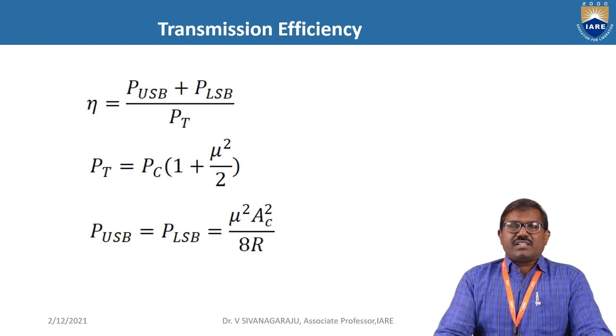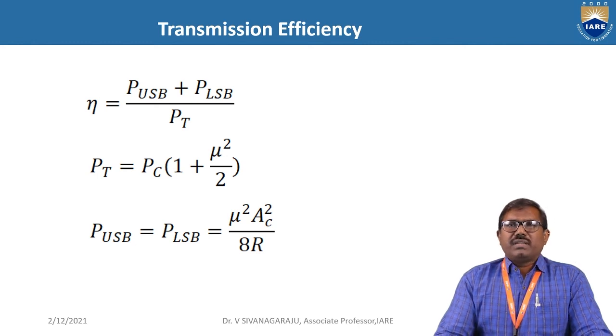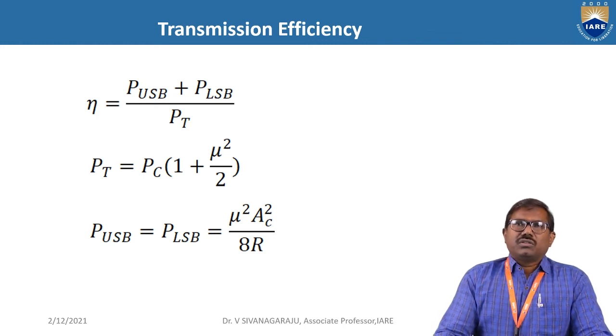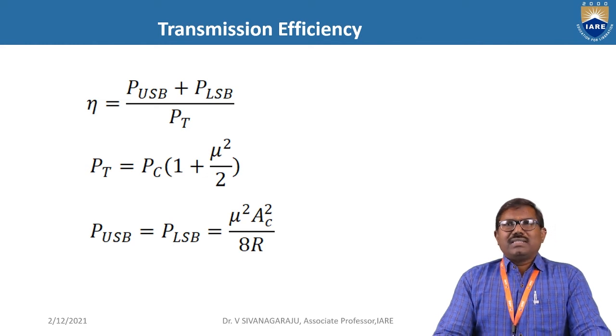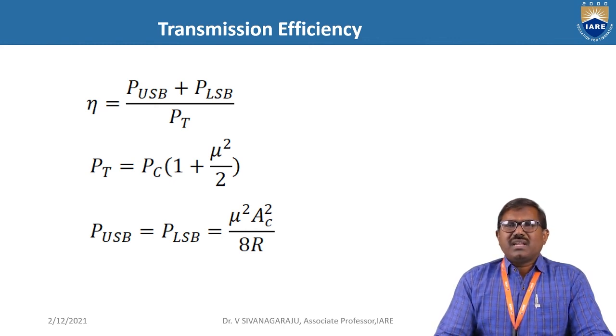Now the transmission efficiency. So eta is equal to power of USB plus power of LSB divided by power of transmitter. That means efficiency takes the total power, adding both sidebands, upper sideband and lower sideband. That is the formula for efficiency. And PT is transmit power, which is equal to PC of 1 plus mu square by 2, where PC is the carrier power.